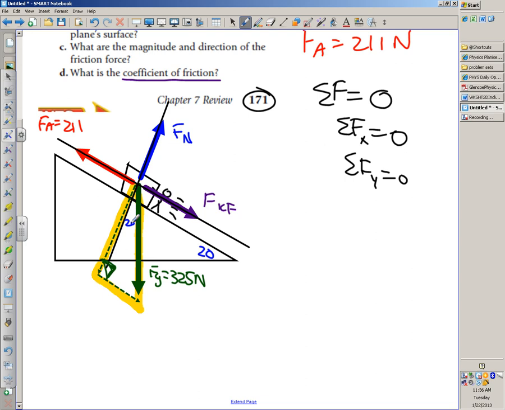If you don't believe me, I'll show you later. Nobody asked, so I assume I'm just trustworthy. All right, but now we have a right triangle where we know a side and we know an angle, and we can find the other two sides. Let's do that.